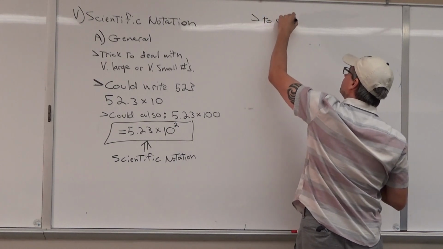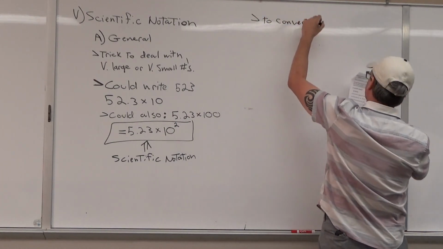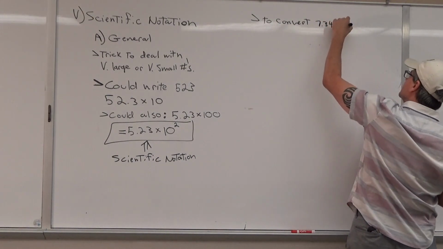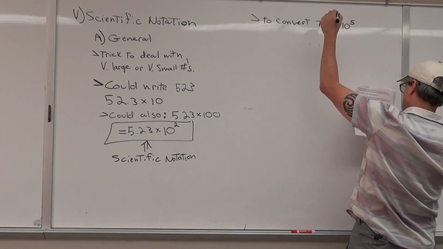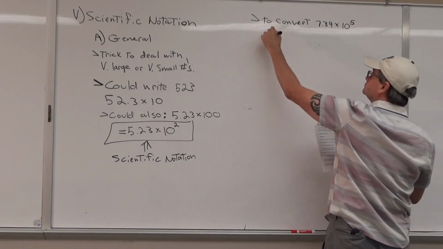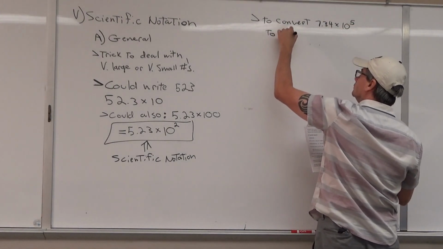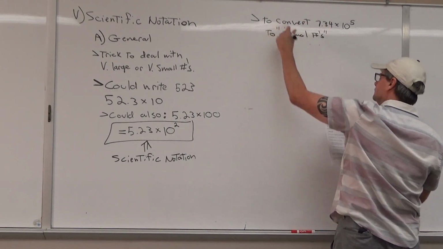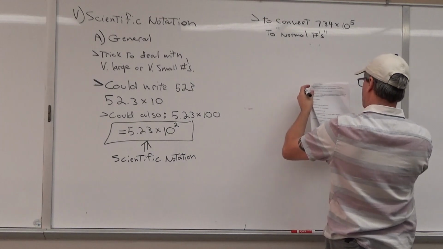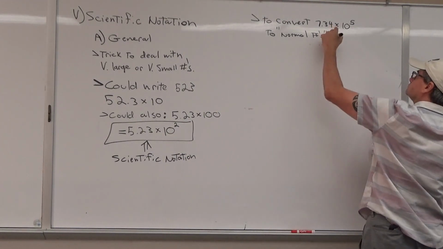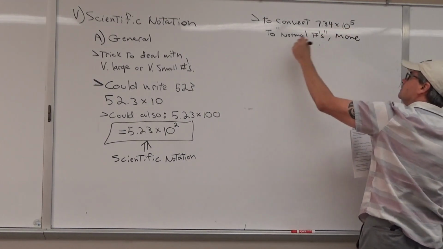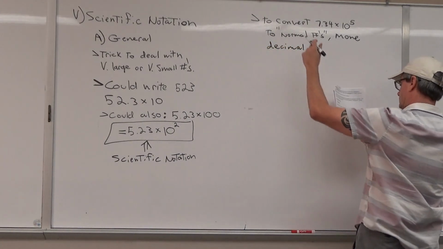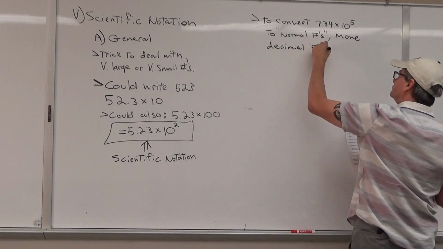To convert 7.34 times 10 to the 5th to normal numbers, you move the decimal 5 places to the right.